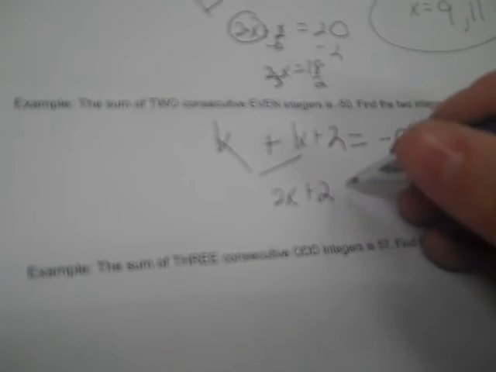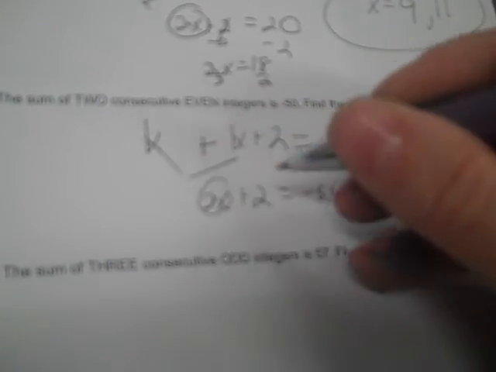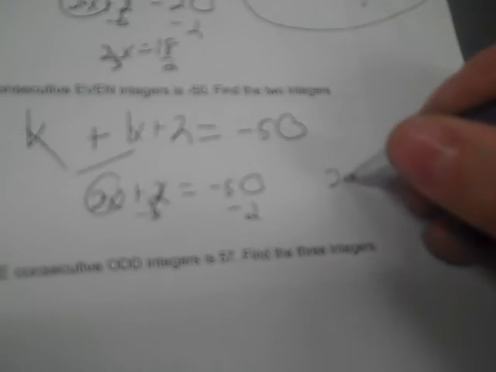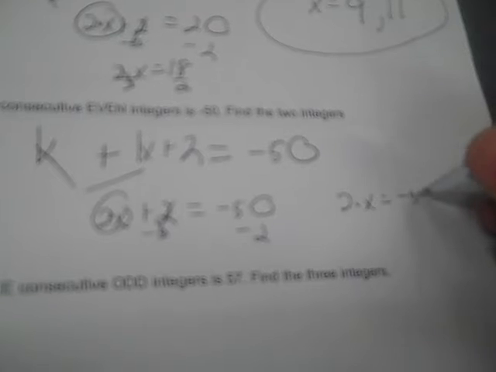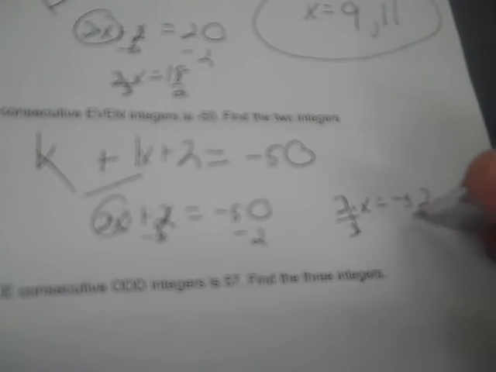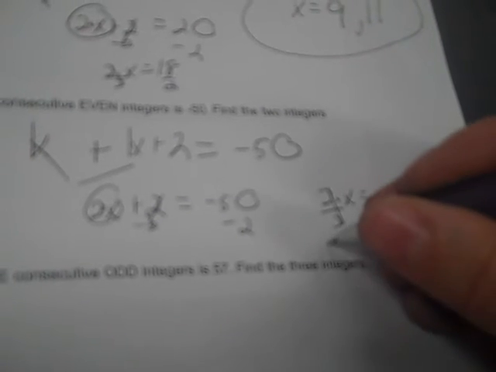There's where I wrote the sequence. Well, that's just like odds. It's x and x plus 2. Put the ones in front. So it's 2x plus 2 equals negative 50. Then I minus 2 from each side. It's negative 52. Then divide by the 2, and that's negative 26.